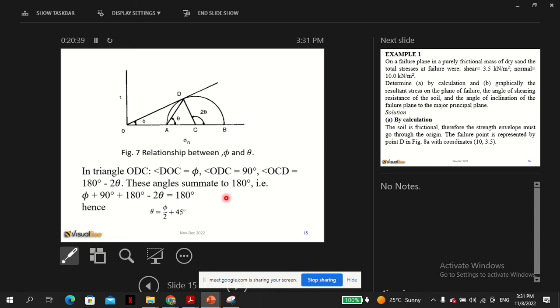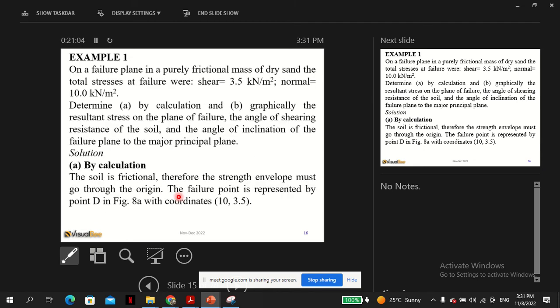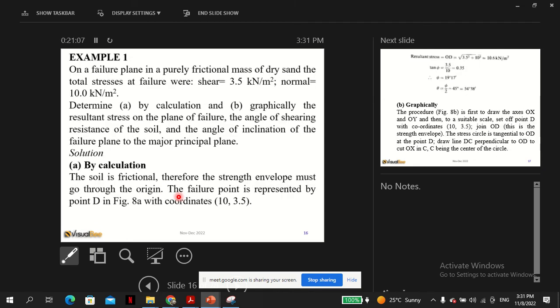That's no issue. So we get something interesting: the angle theta is actually phi over 2 plus 45 degrees. That's important. This angle is important in failure. Please note this, that angle theta is something very interesting for use later.